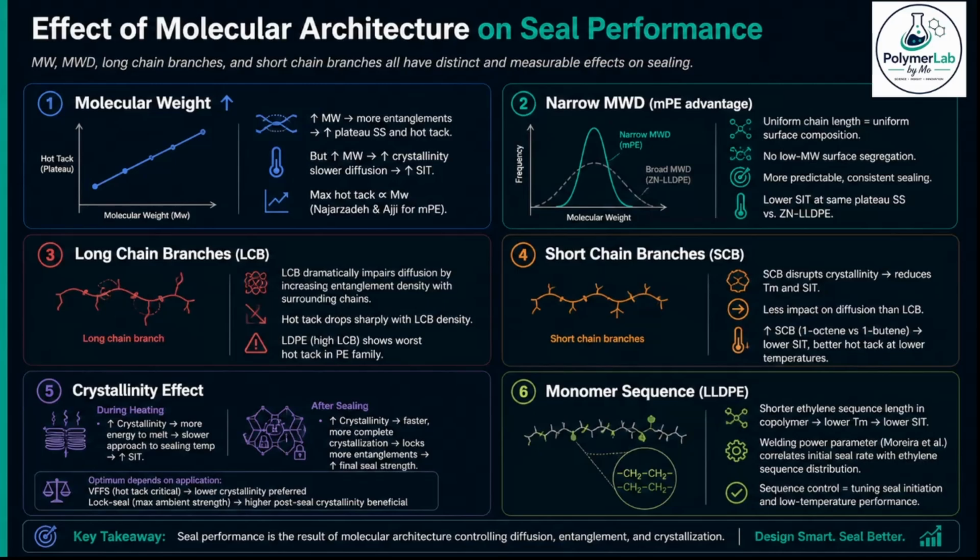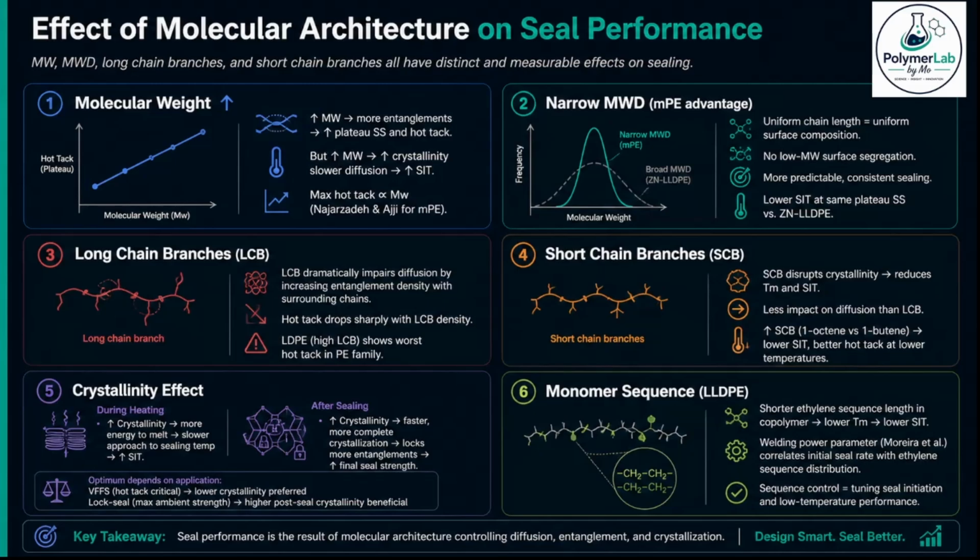Crystallinity has two competing effects on sealing. During the heating stage, higher crystallinity means more energy needed to melt the interface, a slower approach to the sealing temperature, and higher SIT. But after sealing, higher crystallinity means faster, more complete crystallization during cooling, which locks in more entanglements and contributes to higher final seal strength.